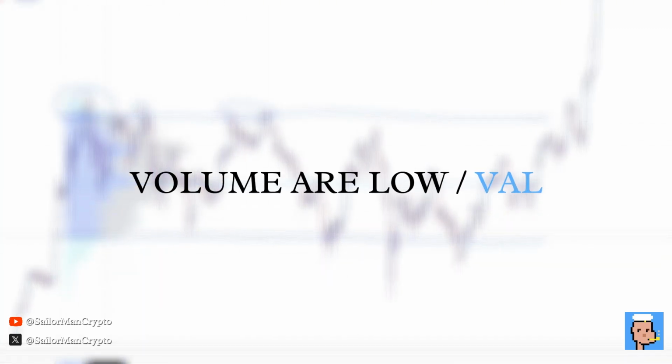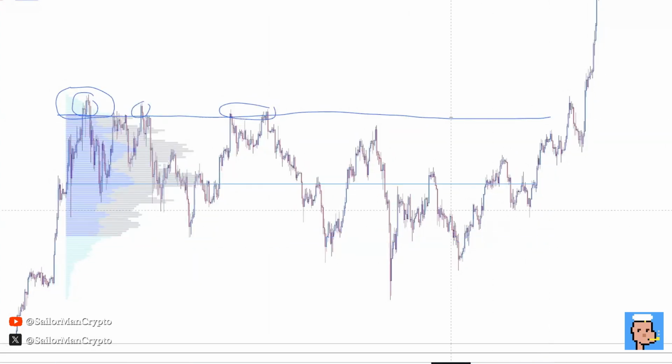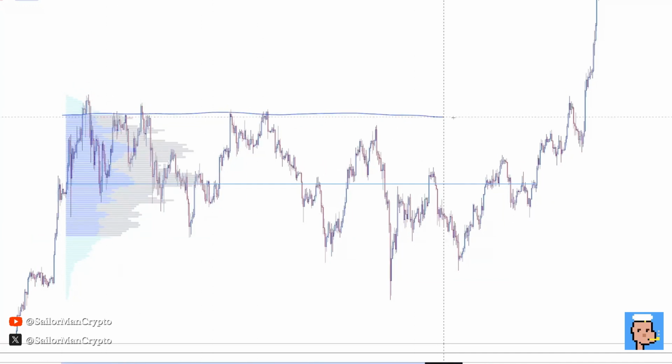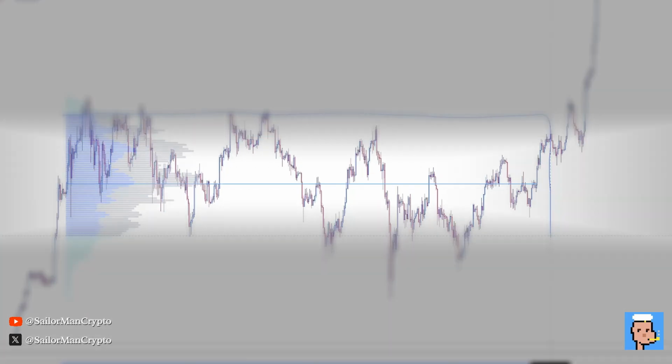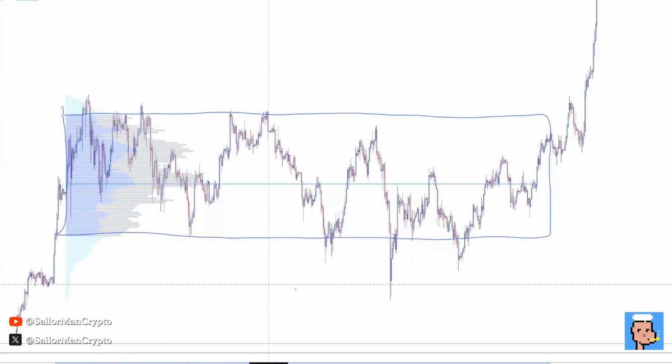So the most traded levels of this range are within, let me clear it up, the valid or relevant range of this bigger range, which is this one. Above and below this range, what happened is not really relevant in terms of volume.